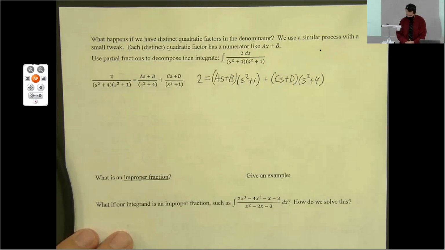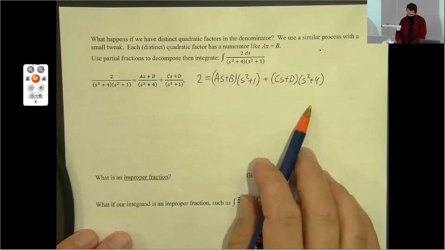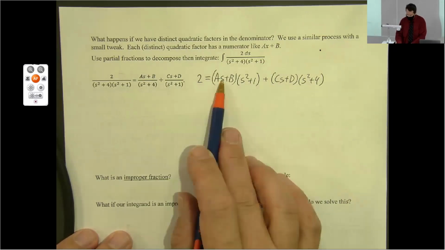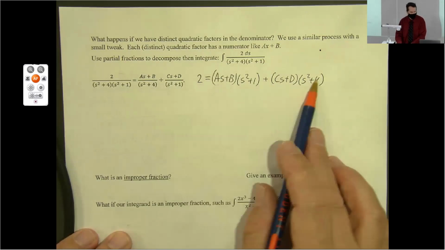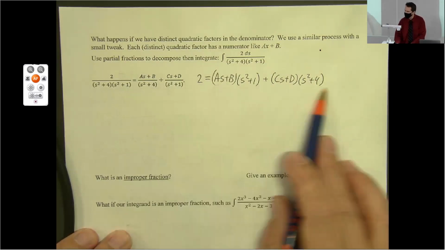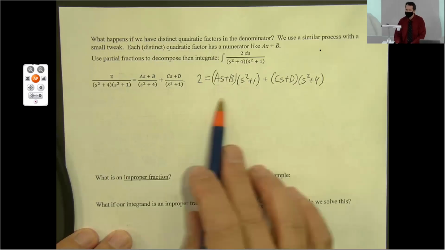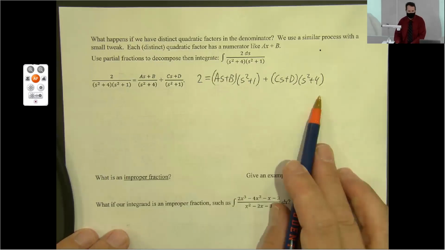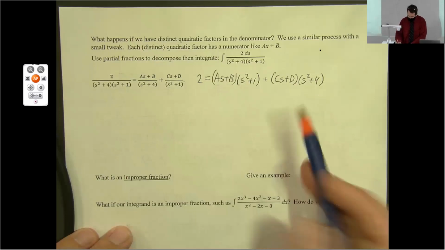We could multiply that all together, or I could do some substitutions, right? If I let s be 0, would that make life a little easier? Or s equals 1, or s equals negative 1, or s equals 2? Would that give me a system of 4 equations and 4 unknowns? Yep. Okay. What else could we do?